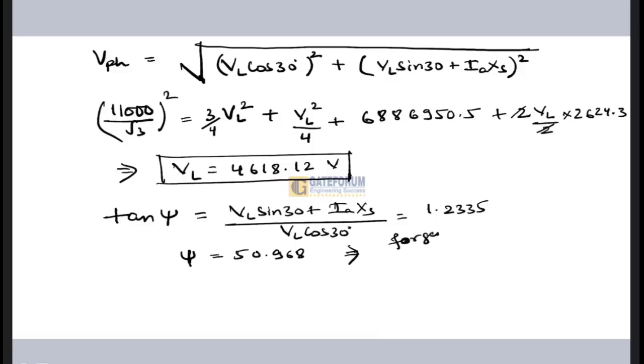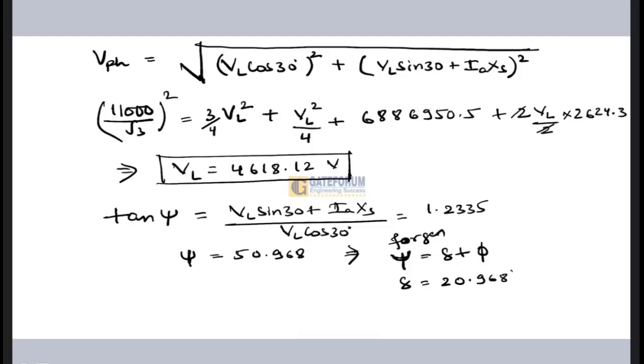And I know that for this generator, if you remember the phasor diagram, psi was equal to delta plus phi. Delta is the internal load angle and phi was the power factor angle. So power factor is already given to you and psi is known to you, so you can get the value of delta from here.